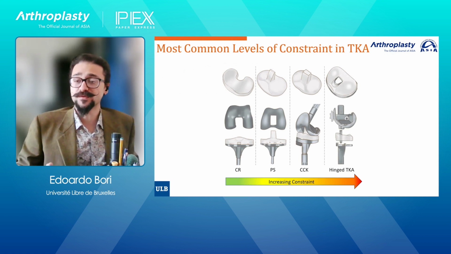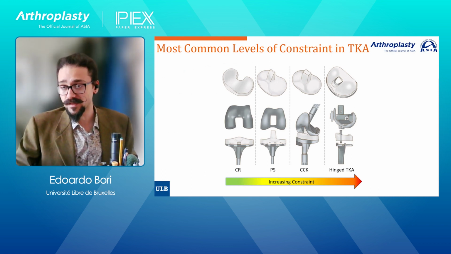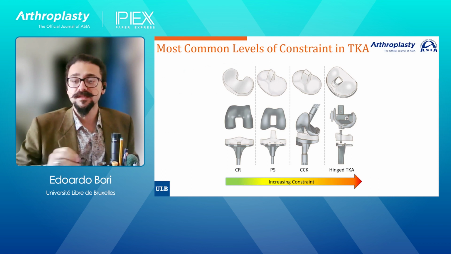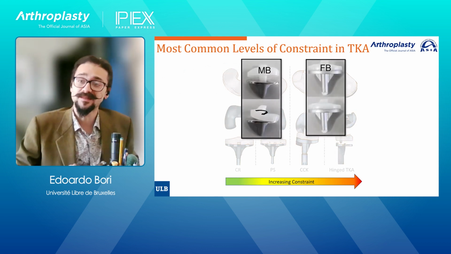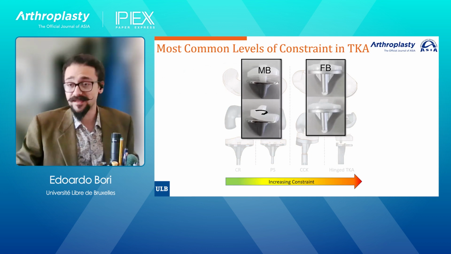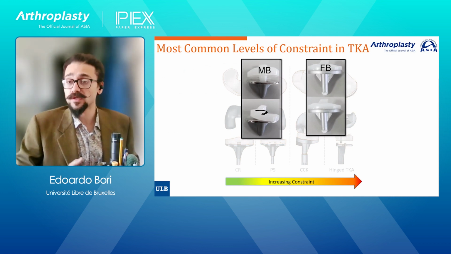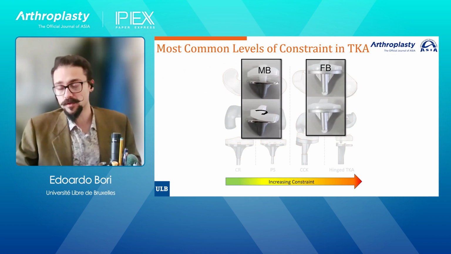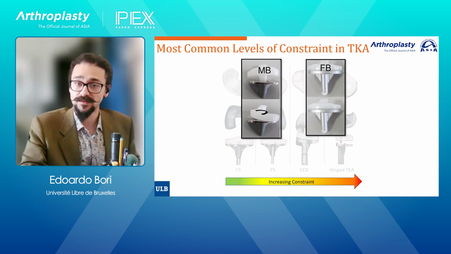If this concerns the relation between the femoral and the tibial components, we also have to consider differences in the interaction between the tibial component and the tibial insert, as we can have mobile bearing prostheses and fixed bearing ones, in which the insert can or cannot rotate compared to the tibial component.